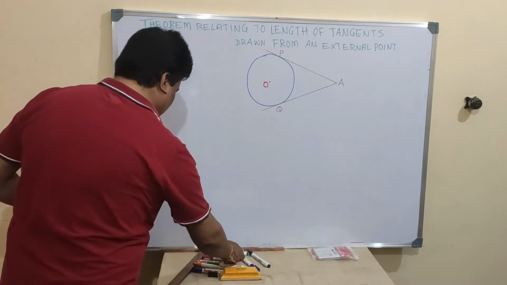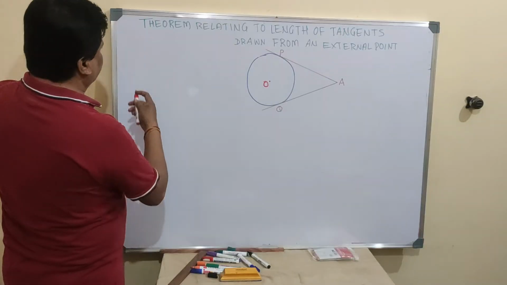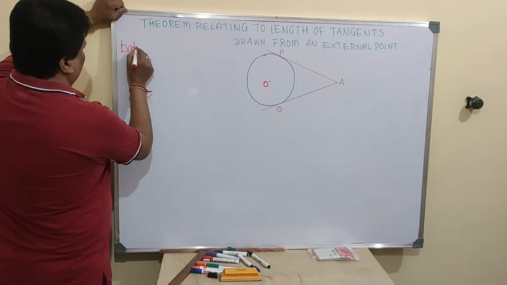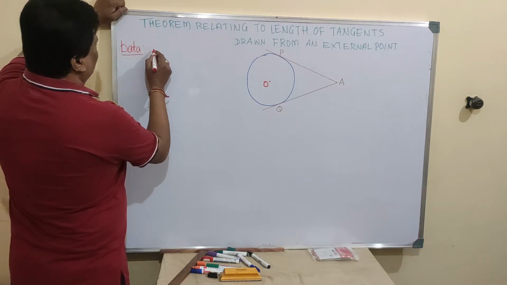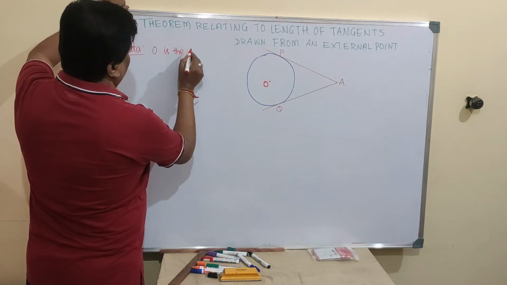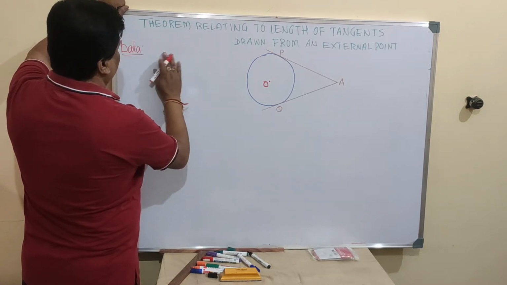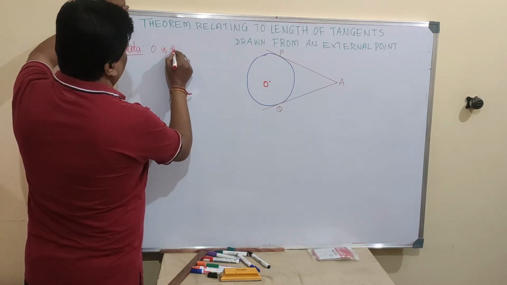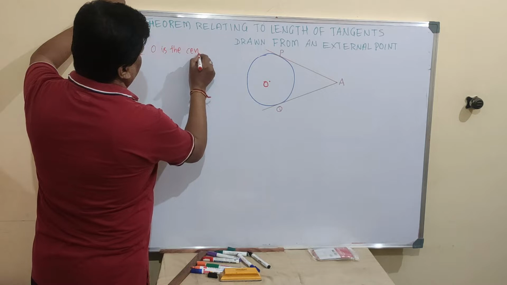So, the data are given. O is the center of the circle.